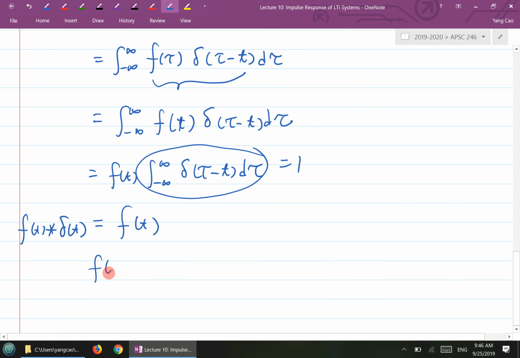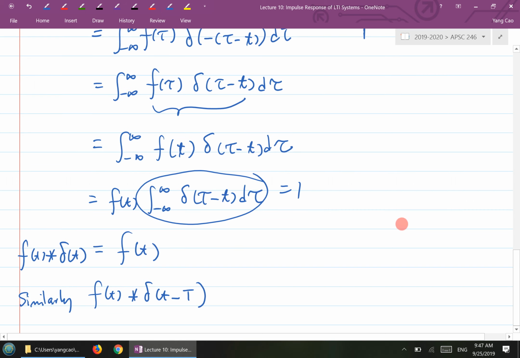Similarly, you can prove this. I want to ask, how do you change from f of tau to f of t? Because tau here is the variable. Remember, if I have f of t times delta t, what do we get? f of 0 times delta t, right?